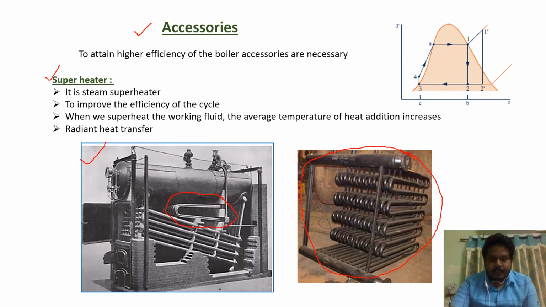The use of the superheater is, when water is converted into steam inside the boiler, this is the drum. At the top of the drum there will be steam. That steam will be collected and sent to the superheater.